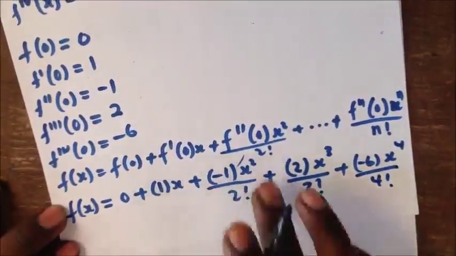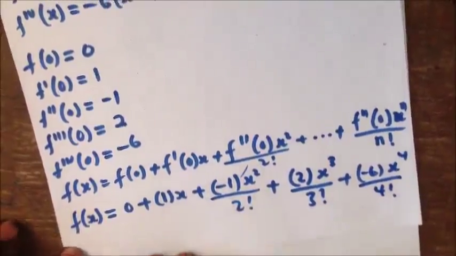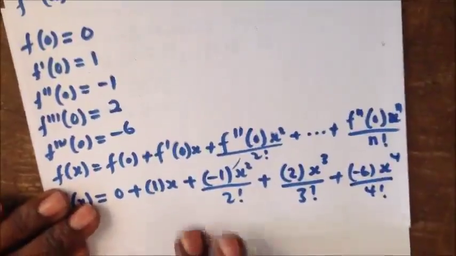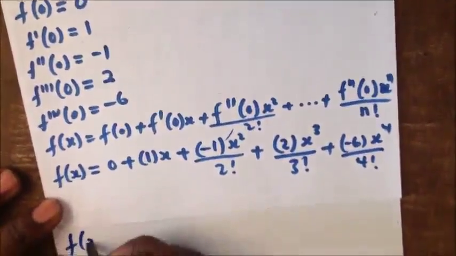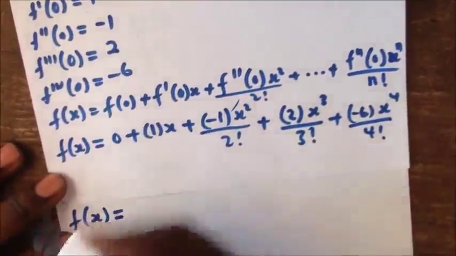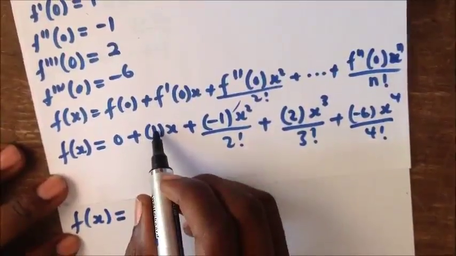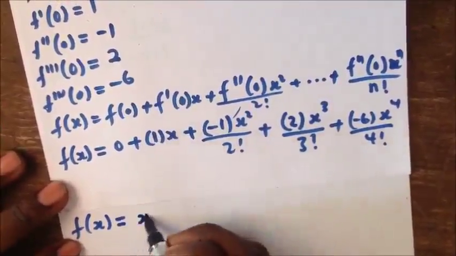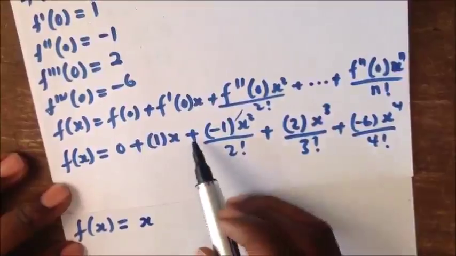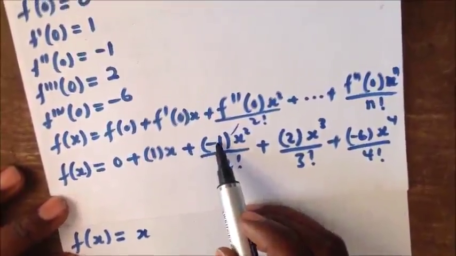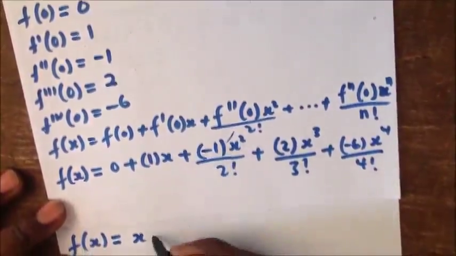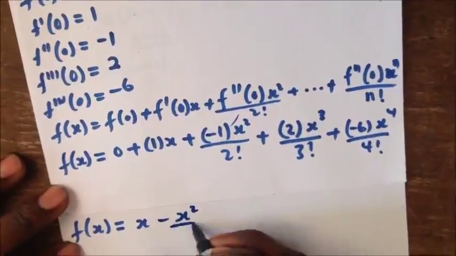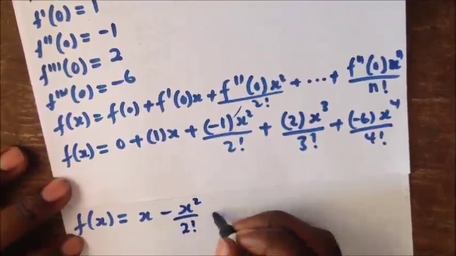So let's open this bracket. Our f of x is equal to 0, which is nothing, plus 1 times x, which is x. Then plus negative 1 times x squared, negative x squared, divided by 2 factorial.